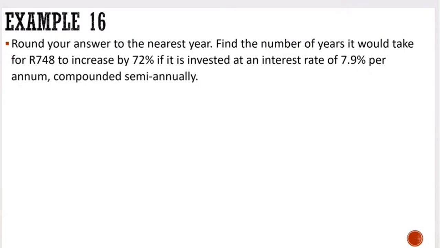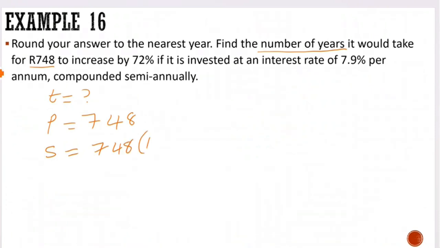The question is saying, find the number of years. We are looking for t. That it will take for this present value amount to increase to an accumulated amount. That means 748 is going to increase by 72%.